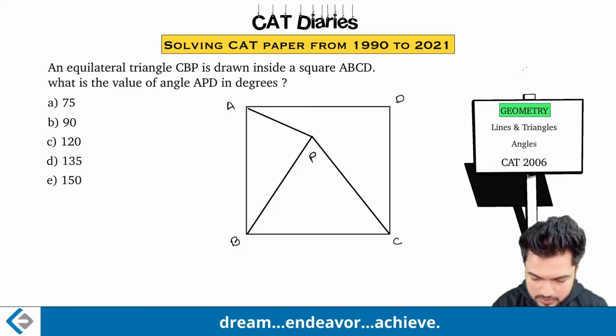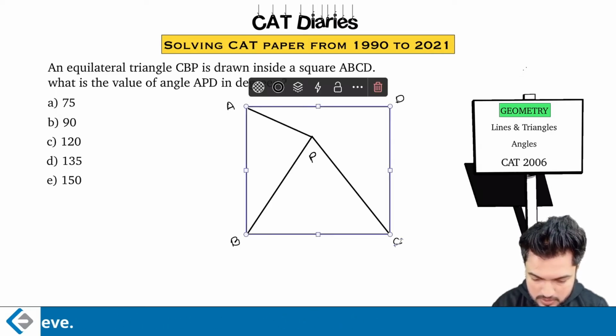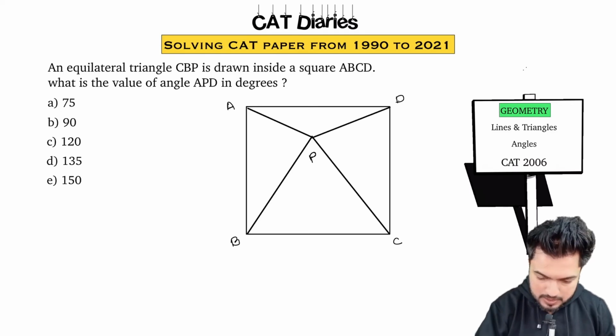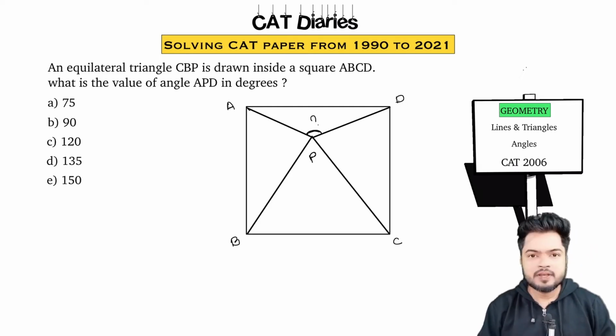If I join this and take this also here, I need to find out this angle. That is APD, which they are asking me to find. It looks like a very simple problem. Once you make the right diagram, it is a very easy problem.